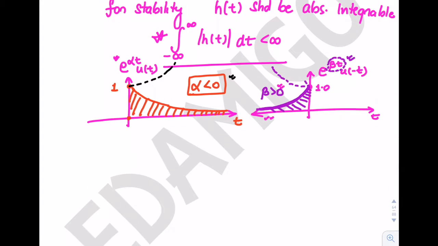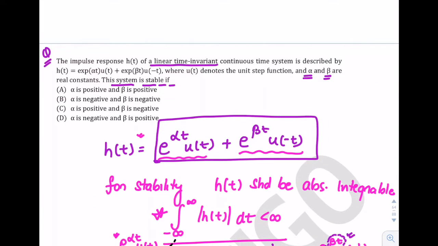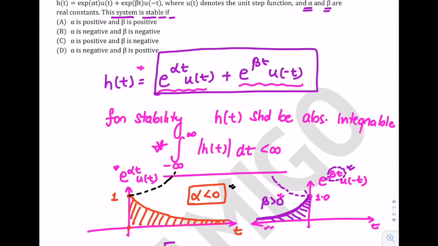So for an absolutely integrable impulse response h(t), we need alpha to be negative and beta to be positive. So this is the answer. D is the correct answer to the question.